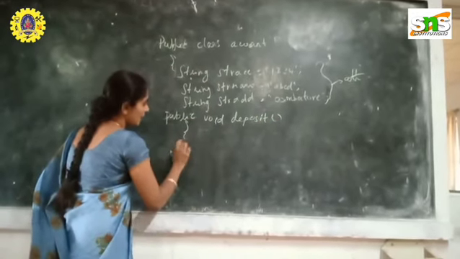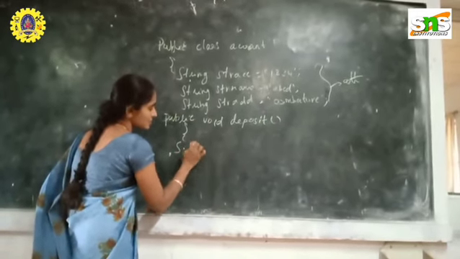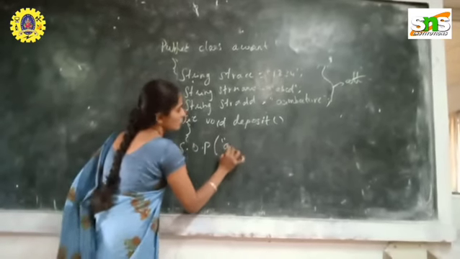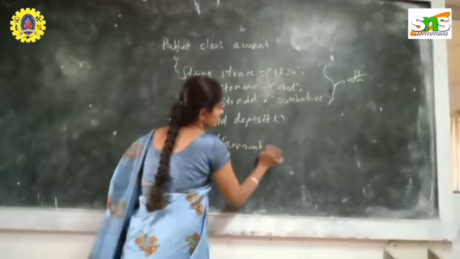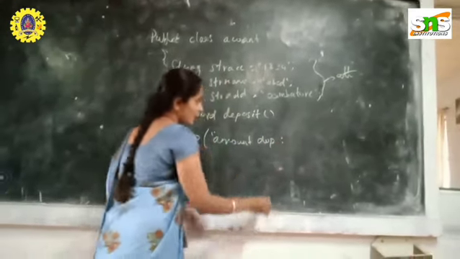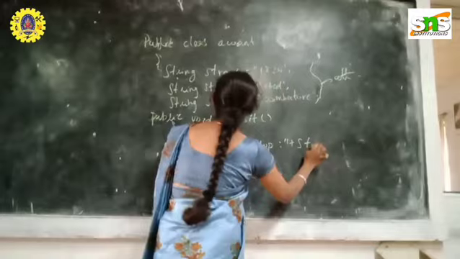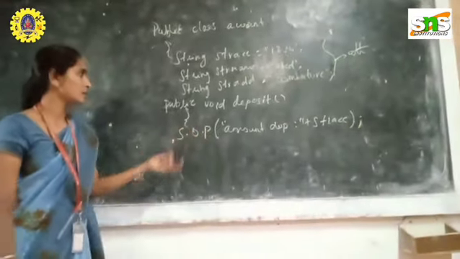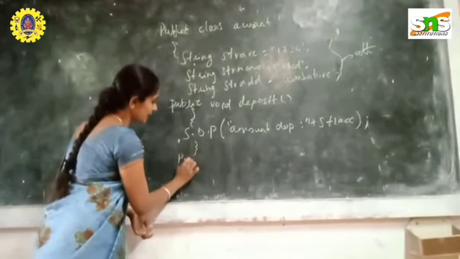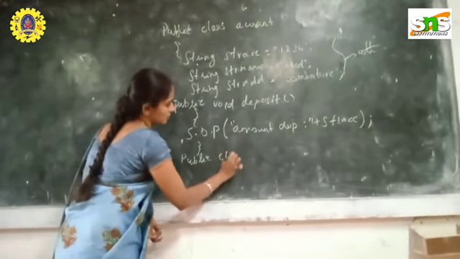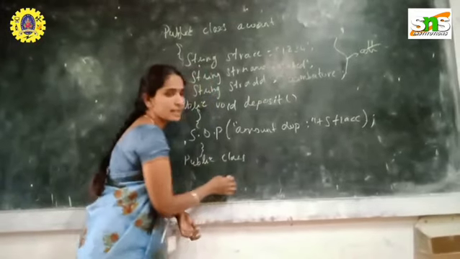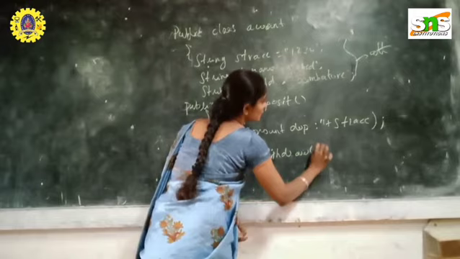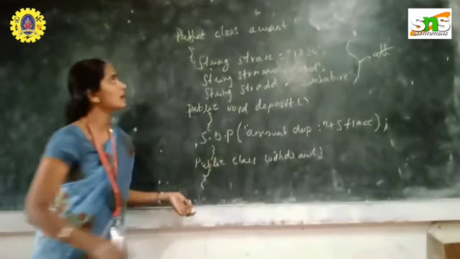I have to define the function as System.out.println, the amount deposited, plus I print my strAccount number. This is my method for deposit. The next method name is withdraw. So I have to define two methods under the class name Account.